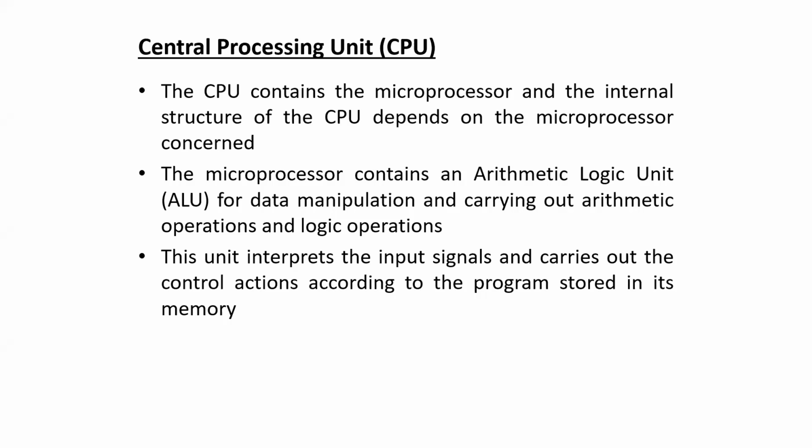The internal structure of the CPU depends on which model of microprocessor is used. Inside the microprocessor, there is an arithmetic logic unit to carry out data manipulation or the arithmetic or logical operations.